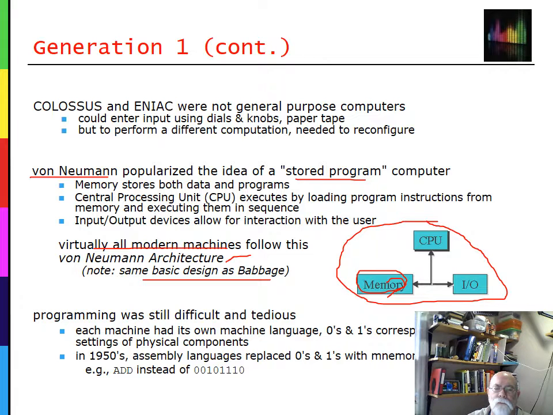Programming was still difficult. Some of y'all would argue with me today and say it is still difficult. But back then, they programmed in ones and zeros. So a command, like when we moved to assembly language and used the command add, this is what it looked like originally, or what it is also still translated to inside the computer.